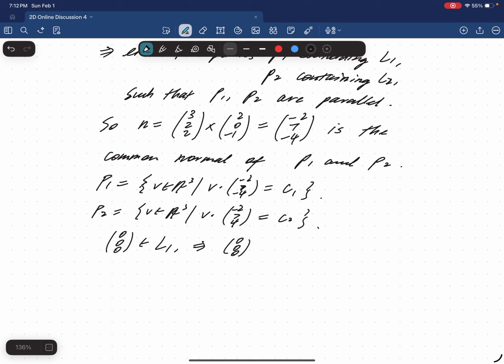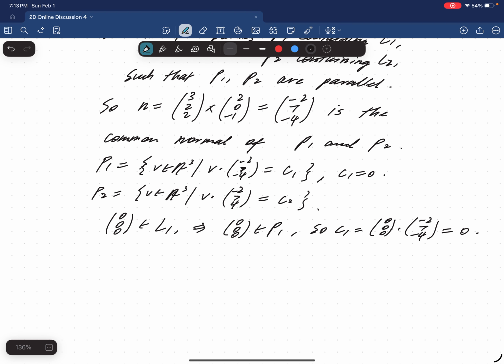So the origin is also contained in P1, and it must satisfy (0, 0, 0) dot my normal equals C1. So C1 is (0, 0, 0) dot (-2, 7, -4), which is 0. So C1 is 0.